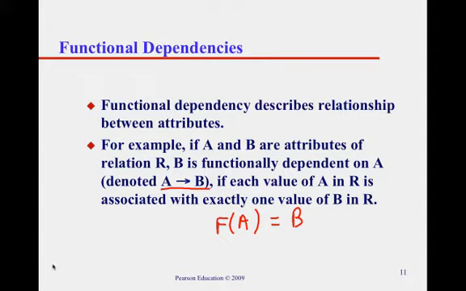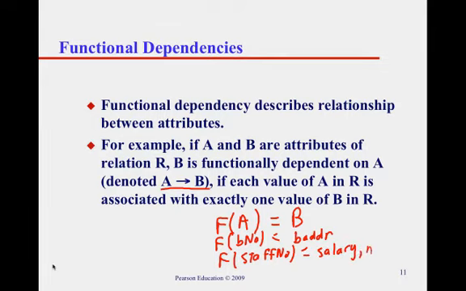So it's just like a mathematical function. It's saying that the attributes in the set B are uniquely determined by the attributes in A. So for example, F of branch number creates a unique branch address, or F of staff number creates a unique salary, name, branch.